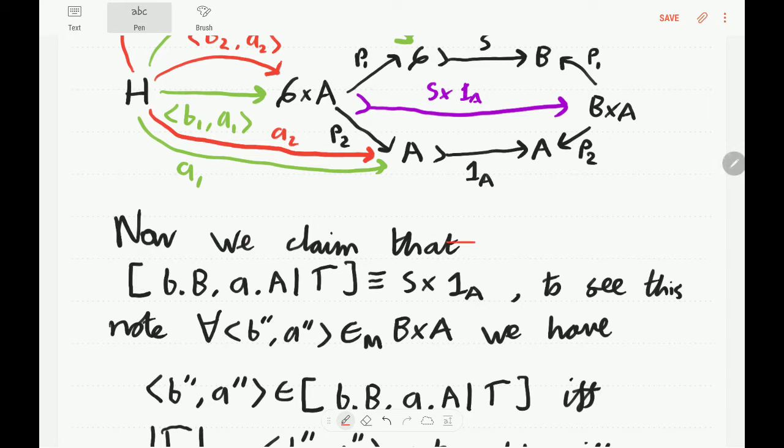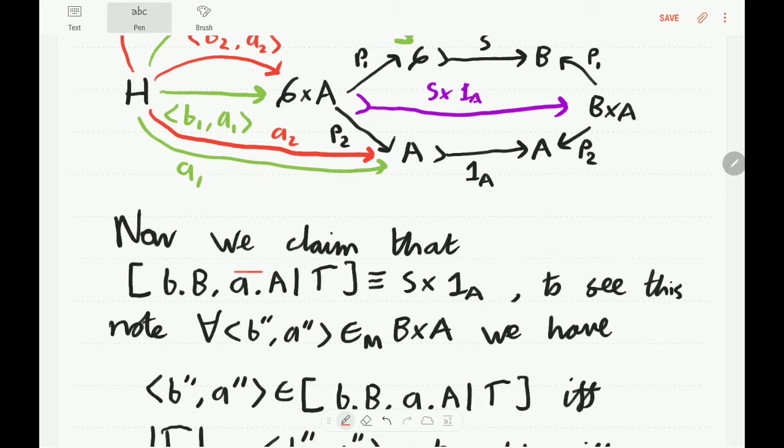This is our main claim for the moment: we really want to show that this extension of gamma over the B's and A's is just identical to S times 1A. All right then, so let's do this. So suppose we have an arrow from a general object M to B times A, and we'll call it B double dash comma A double dash.